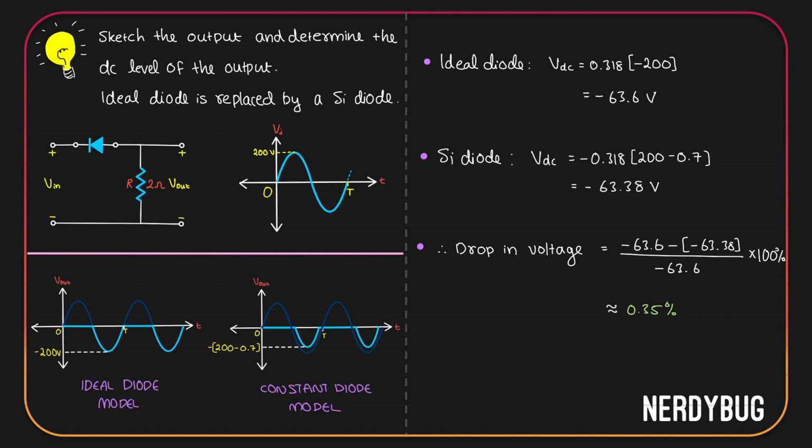When the peak value of the input voltage was 20 volt, we got a drop of 3.5 percentage. All we did here is increase the input voltage by 10 times. Here the peak is 200 volt and the drop decreased to 0.35 percentage. That is, the difference between an ideal case and a practical case is only 0.35 percentage. The only thing we had to do is increase the magnitude of the input voltage.